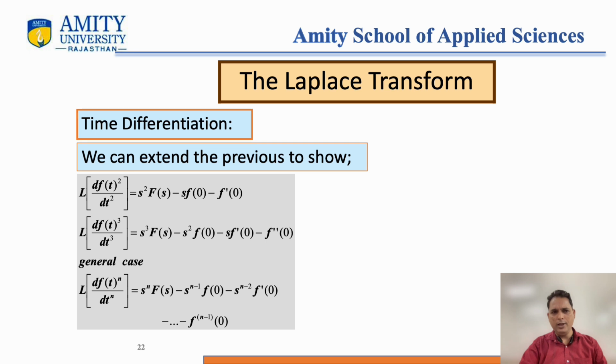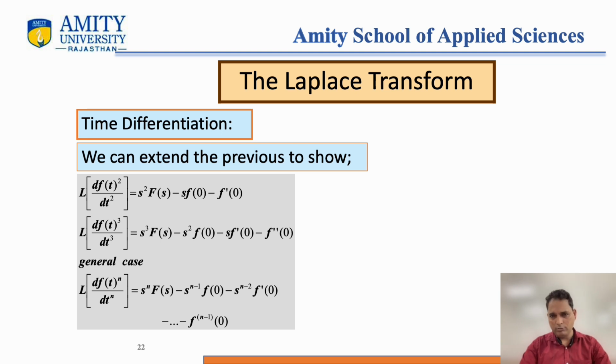Okay. Here you have the relation that Laplace of the double derivative d2f upon dt square is equal to s square f bar s minus s of f of 0 minus f dash of 0. In the same manner, if we go for the third derivative, your answer becomes s cube f bar s minus s square f0 minus s f dash 0 minus f double dash 0.